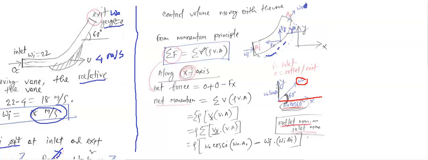So this is rho V dot A. You can write it in different ways. As we can see some change of directions here, we need to calculate the force along the x-axis and the y-axis as well. Along the x-axis, for the net force Fx, we said we have gas pressure here, so P1, the gas pressure, is equal to 0, and we know the area.